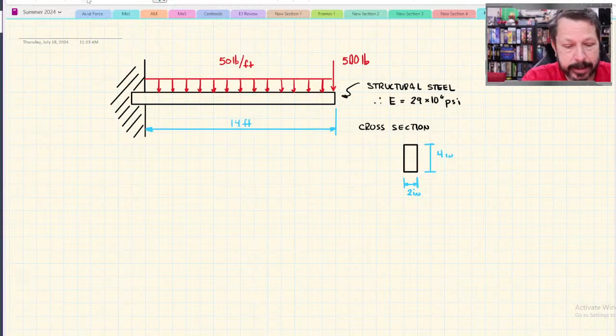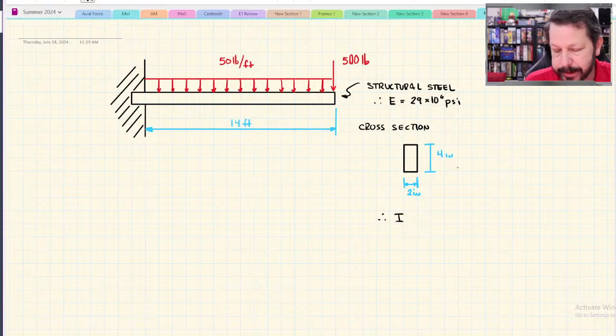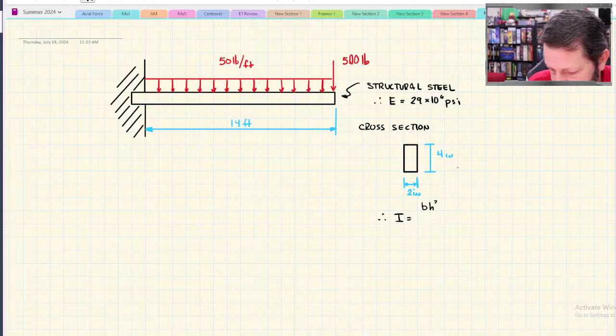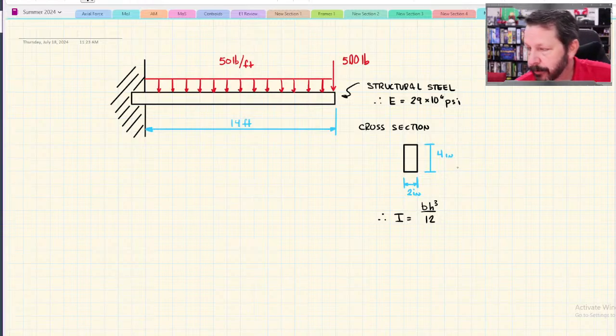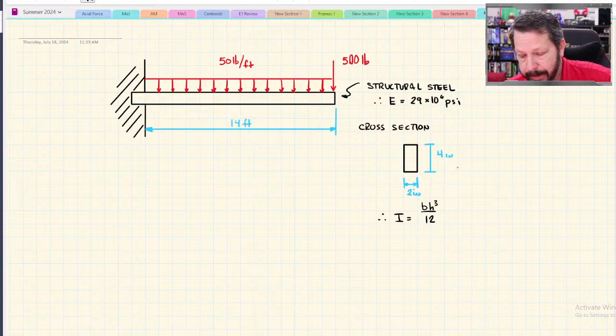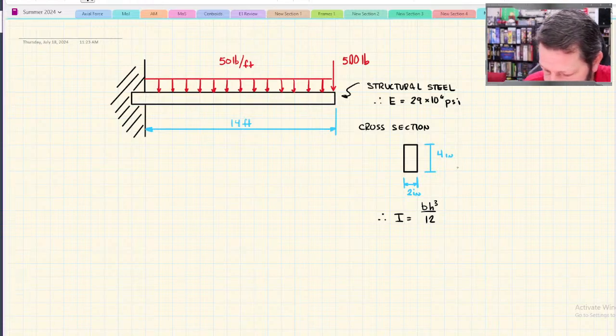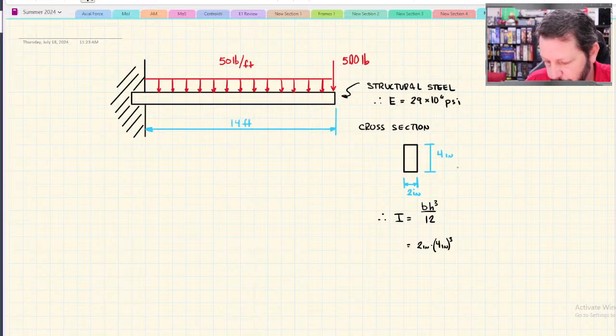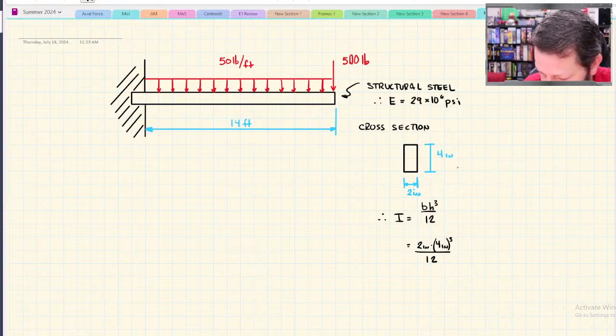And we can calculate our moment of inertia as the moment of inertia of a rectangle. If you don't remember the equation bh cubed over 12, you could go look in a moment of inertia chart. For us, that would be 2 inches times 4 inches cubed over 12.